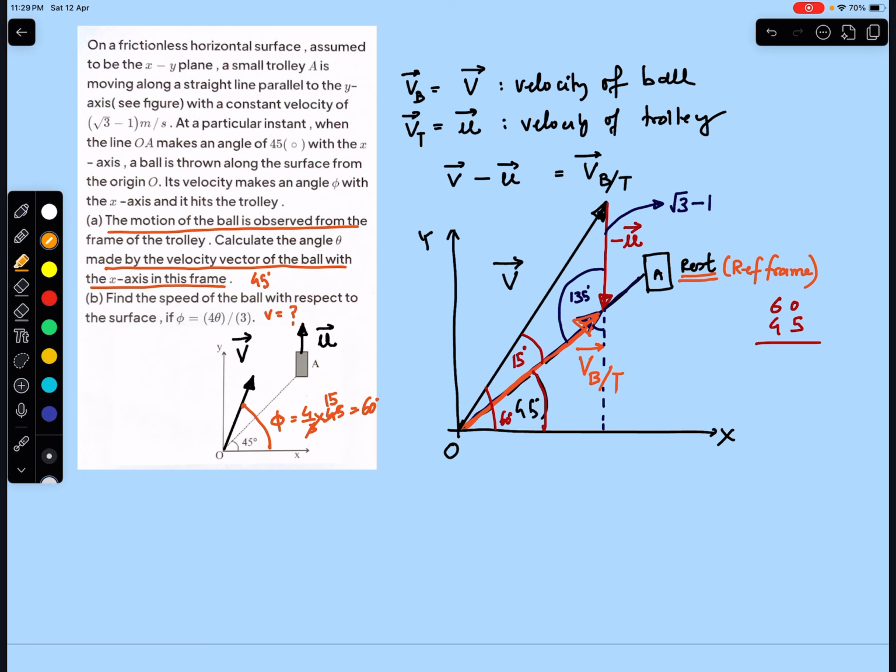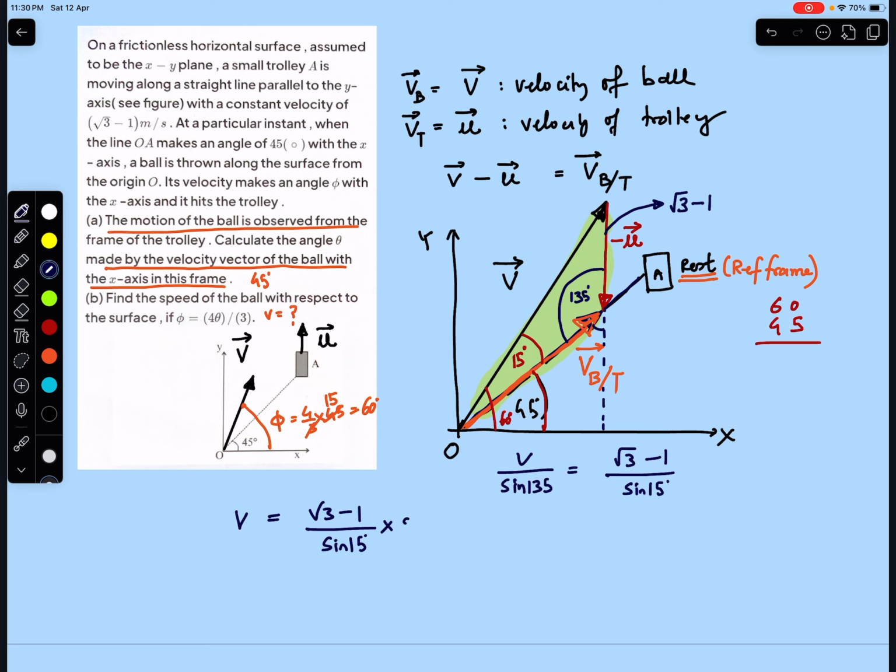So you know the sine rule in the triangle. The sine rule will tell you V divided by sine 135 is equal to u, that is root 3 minus 1, divided by sine 15. Therefore V is equal to root 3 minus 1 divided by sine 15 multiplied by sine 135.